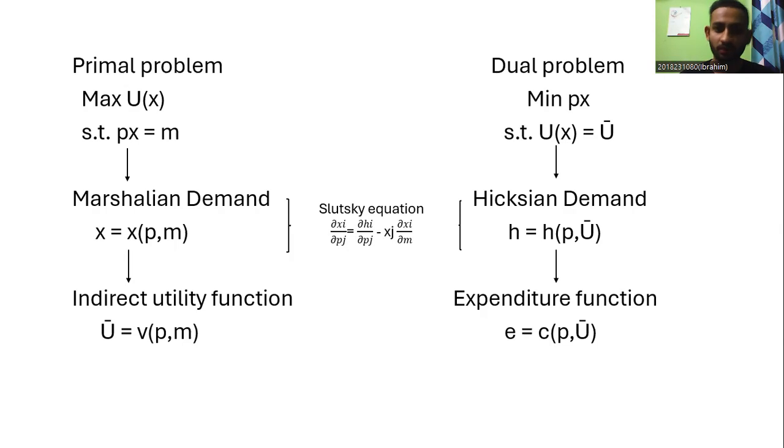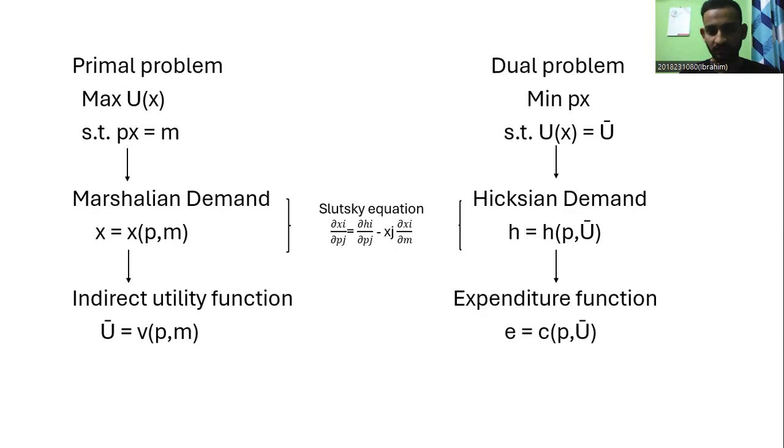We must use the Slutsky equation, because it represents the relationship between these two demand functions, Marshallian demand and Hicksian demand, and the Slutsky equation represents the substitution effect and income effect. These two effects are visible in those two problems. So the Slutsky equation is the instrument that represents the relationship between Marshallian demand and Hicksian demand.